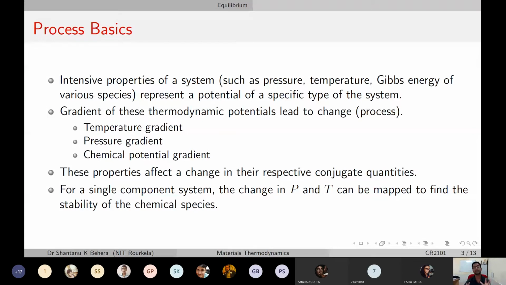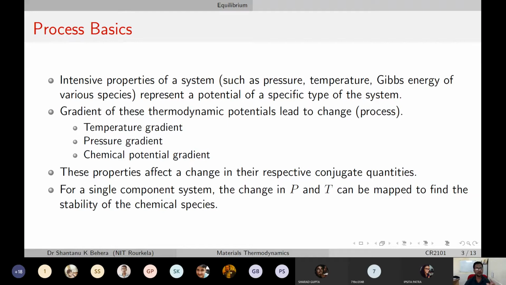Okay, as long as that's not constant throughout the system. Likewise, when you talk about a material system, there are material systems like component A, component B, all sorts of things are there. And as long as the free energy of those systems, those individual phases, are not uniform throughout the system, there'll always be some kind of a chemical movement.